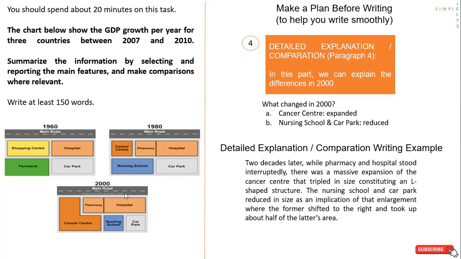Okay, so as I said before, the cancer center became larger, about tripled the previous size, and it constituted an L-shaped structure. As for nursing school and car park, they became smaller in size because of the expansion, where the nursing school shifted to the right, or moved a little bit to the right, and it took up about half of the car park's area.